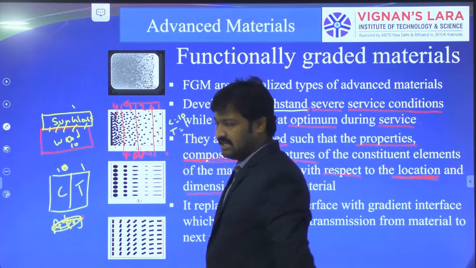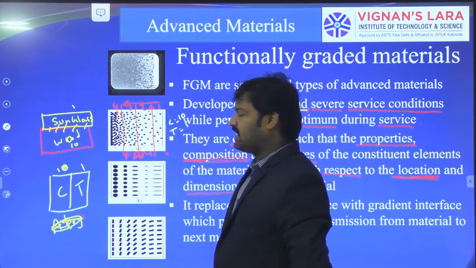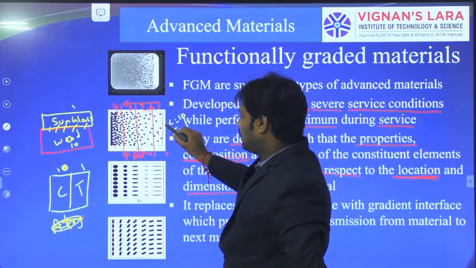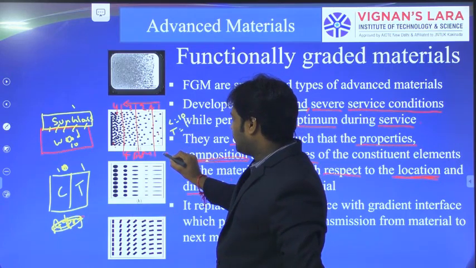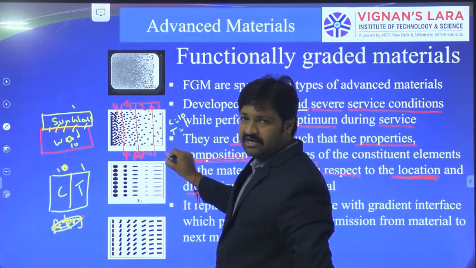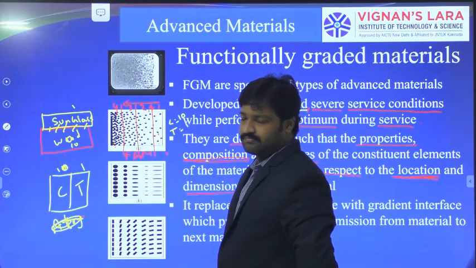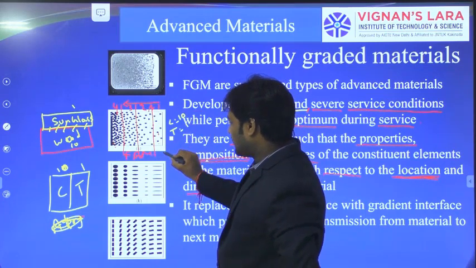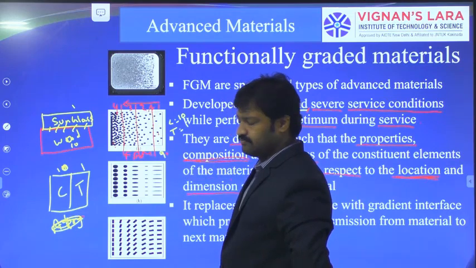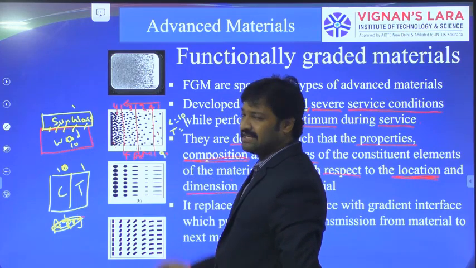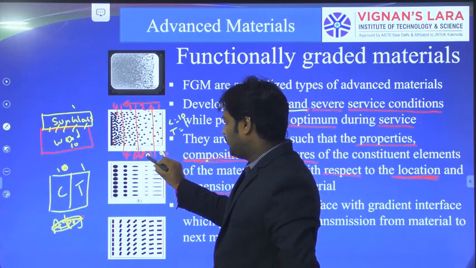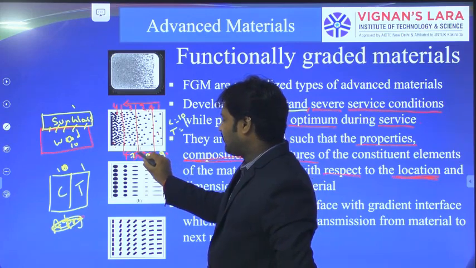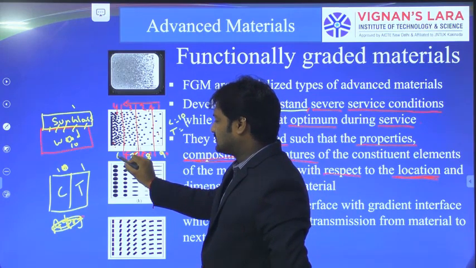Whereas in functionally graded materials, in FGMs, the first component is having 90% copper and 10% titanium, so the expansion will be 9. Further, as the titanium is increasing, the expansion will be 8, then 7, then it might be 6.